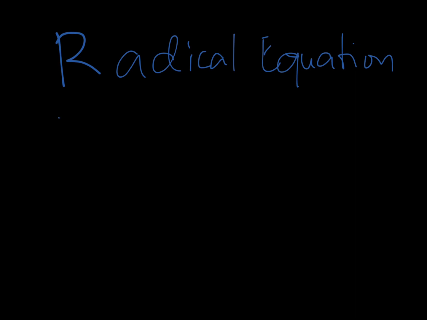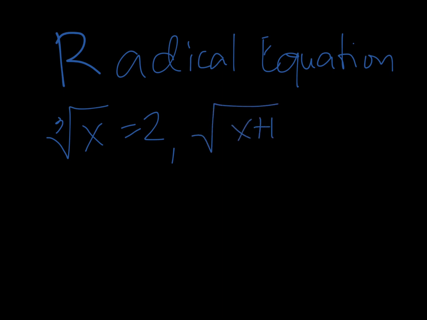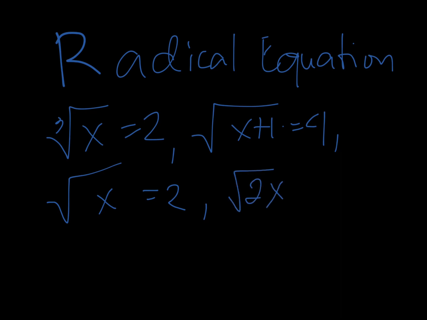For example, the cube root of x, the square root of x plus 1 equals 4, then the square root of x equals 2, and the square root of 2x minus the square root of x minus 1 equals 0 are examples of radical equations.